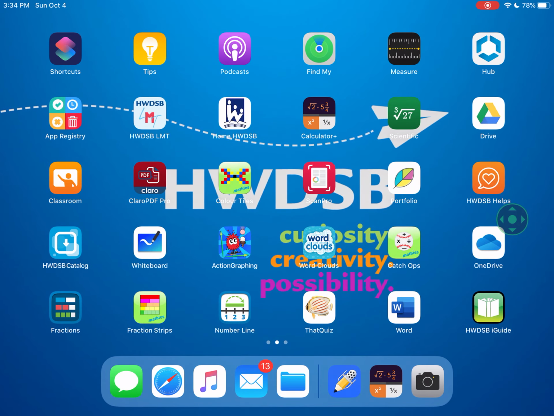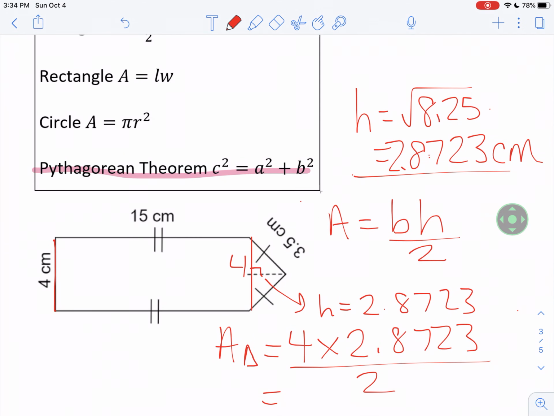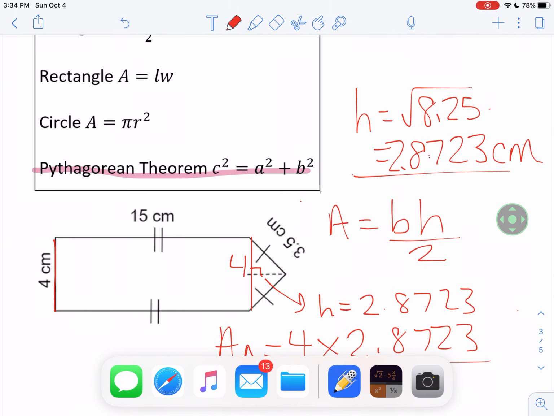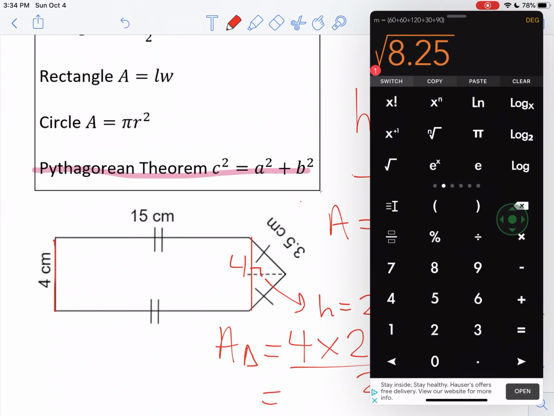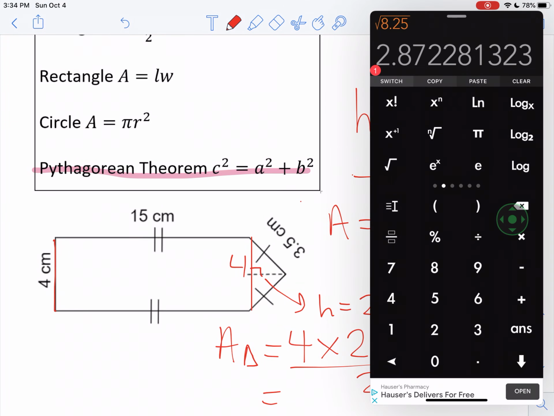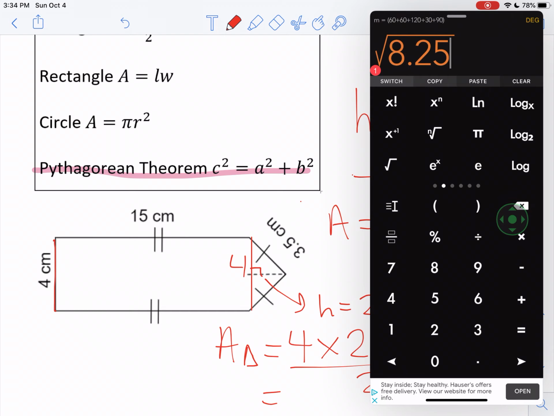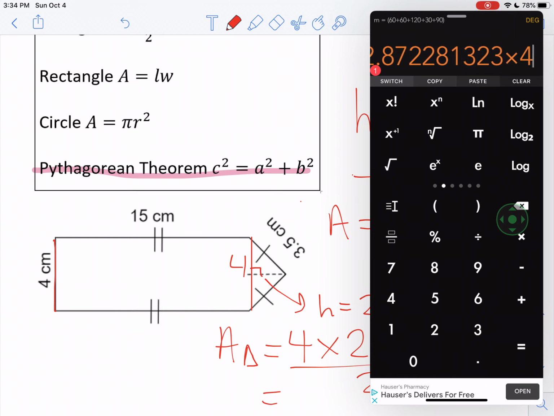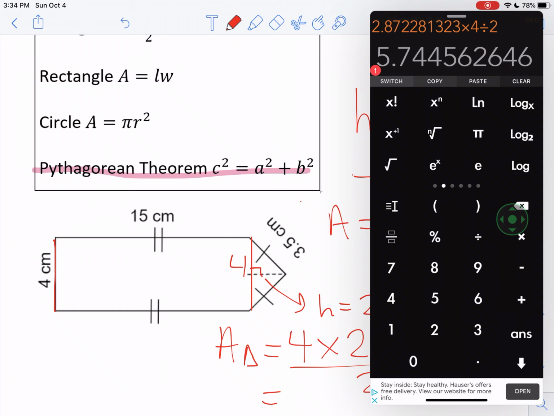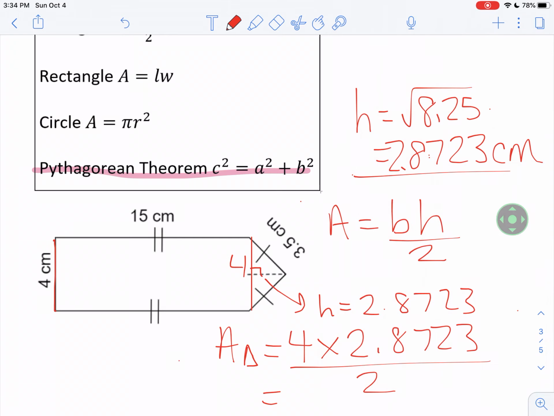So let's get my calculator out here again. So 2.8723 times 4, and then divide that by 2. So 5.74, approximately 5.74.